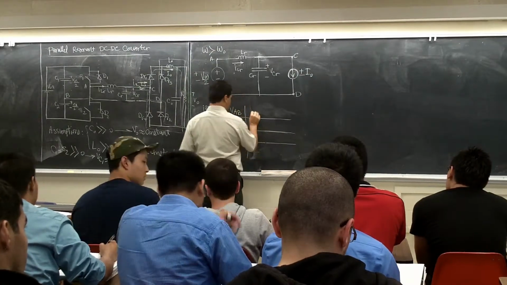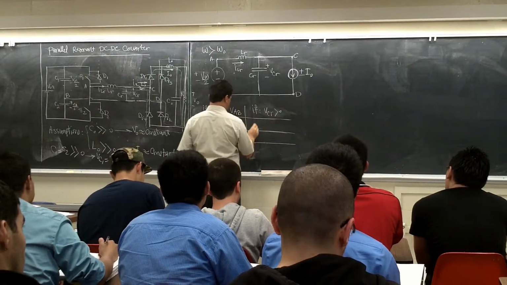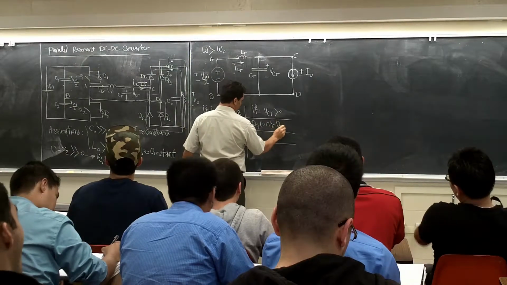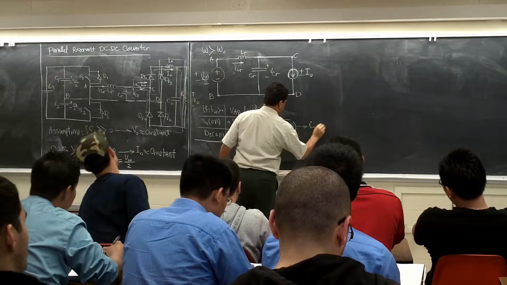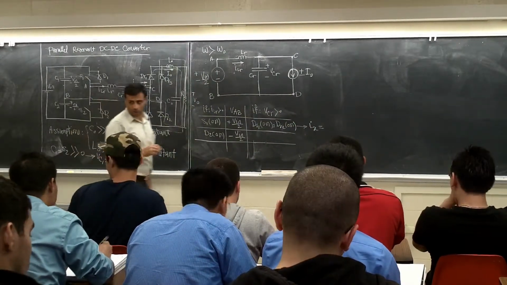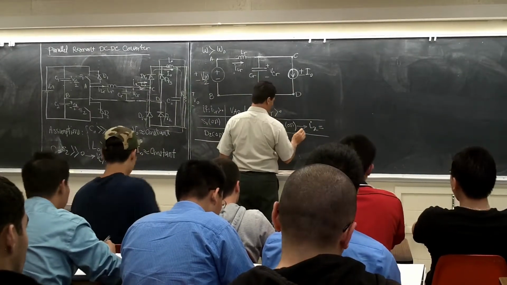Now, if VCR is positive, which one is on? DR1 is on and DR2 is on, right? And how much is the IX? Positive I0, right?